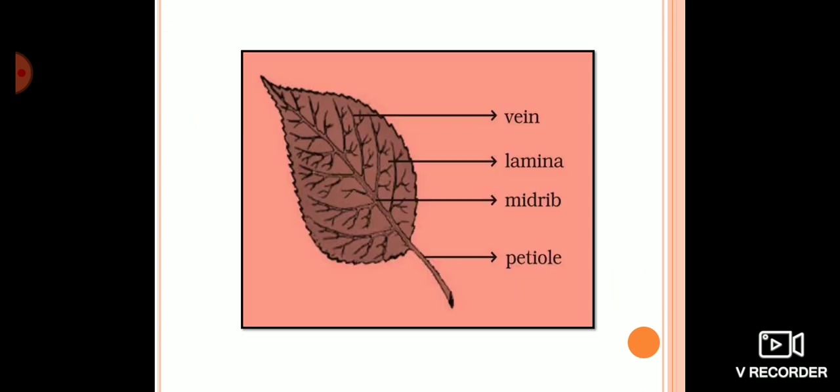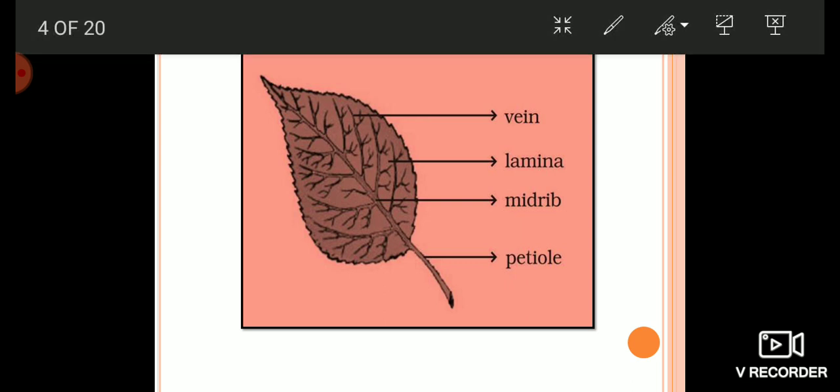Again, you can see the parts of a leaf. In this picture, you can see the four parts of a leaf. The first one is the lamina. The flat broad green part of a leaf is called lamina. Then the lamina is attached to the stem with the help of a stalk called petiole.